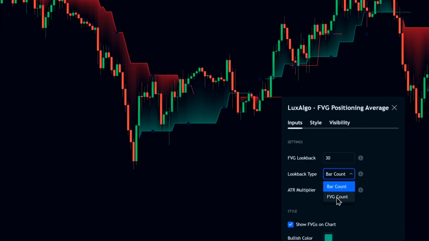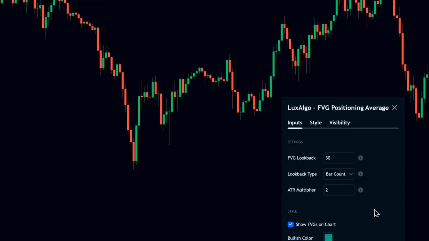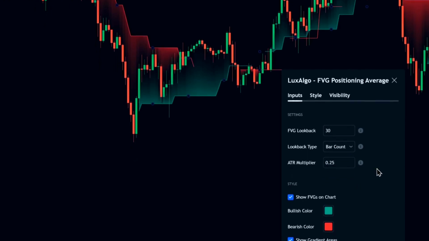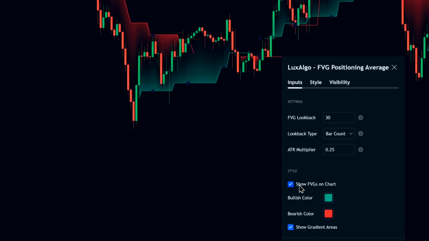Additionally, the ATR multiplier allows you to filter weaker FVGs. A larger multiplier, like 2, filters out many FVGs, so smaller values less than 1 are preferable. For this video, I'll stick with the default value of 0.25. You also have the option to show or hide FVGs in gradient areas, though I'll leave these settings as they are since they work well with my strategy.